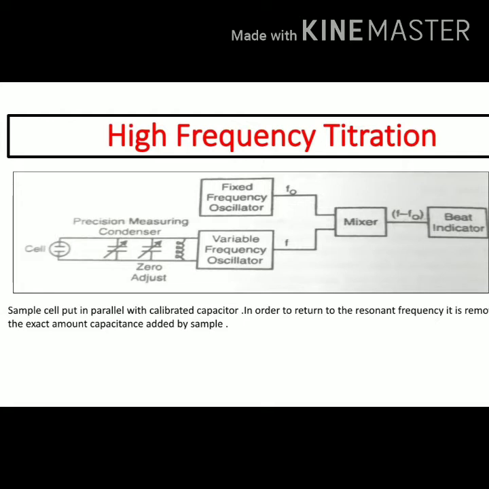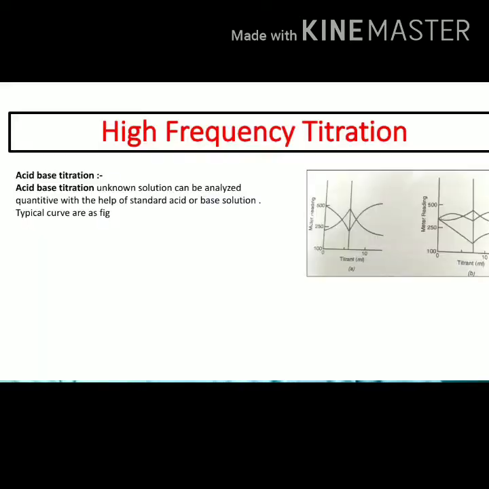Next point is the application of high frequency titrations. The first application of high frequency titration is acid base titrations. Acid base titration is very useful for high frequency titrations. But before carrying out the high frequency titration, it is necessary to determine the response of the instrument as a function of electrolyte concentration.